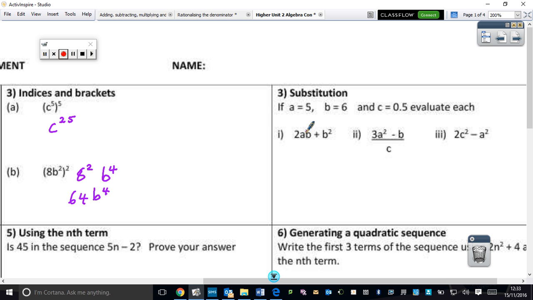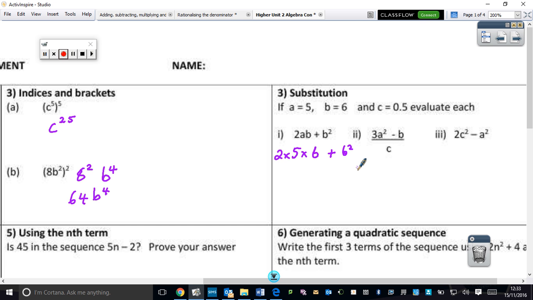So this one, I've got 2ab. They're all in a block. So what's happening when they're in a block like that, Olivia? They're multiplying. So it's 2 times a times b. And b squared, which just means times by itself. Because you've got a calculator, this is what I'm going to type in: 2 times a, so a is 5, times b, which is 6, add 6 squared.